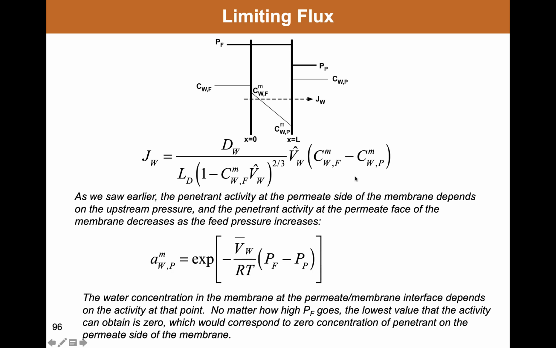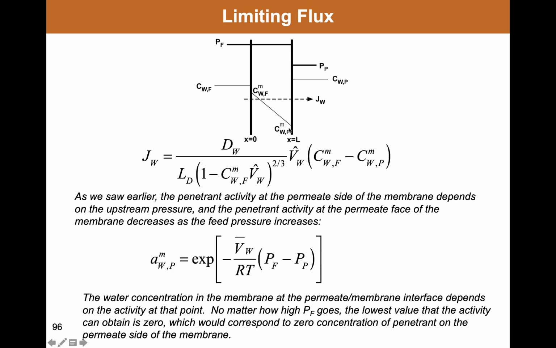And when you hit zero for the concentration of solvent in the membrane on the downstream side, you hit a maximum flux or a ceiling flux, what's called a limiting flux in the literature. And so then, no matter how much you increase pressure beyond that, the flux can't increase anymore because you've already gotten to the maximum driving force across the membrane.